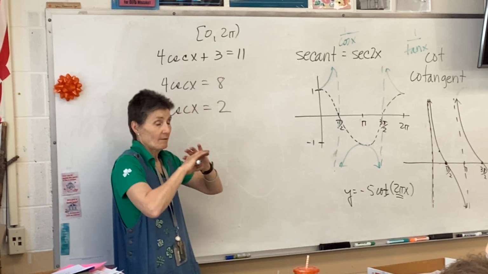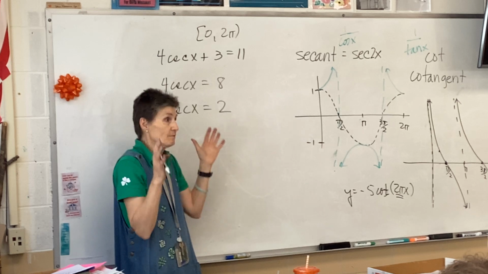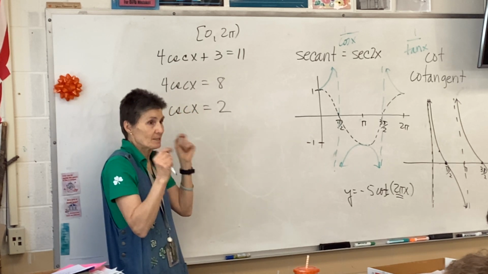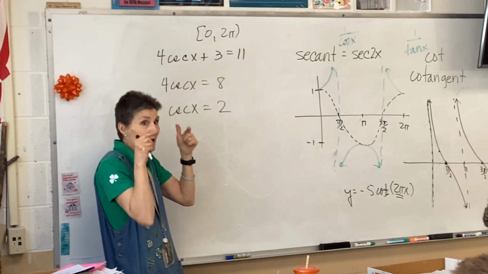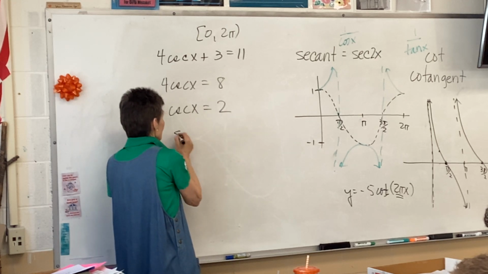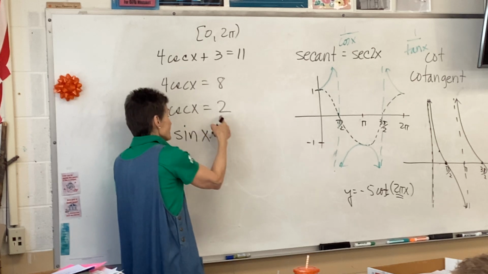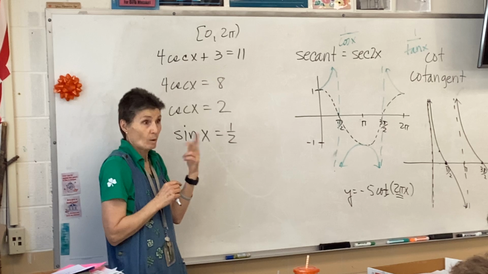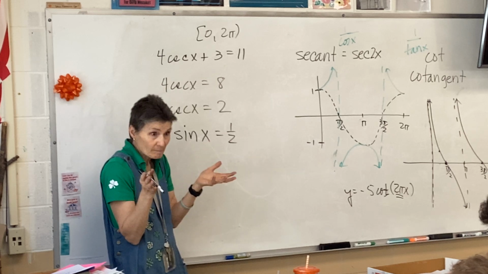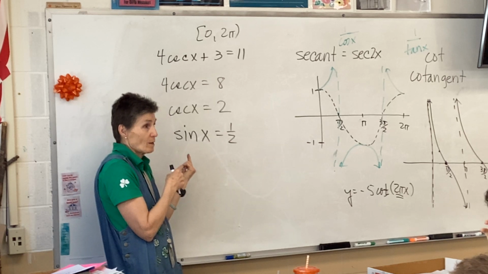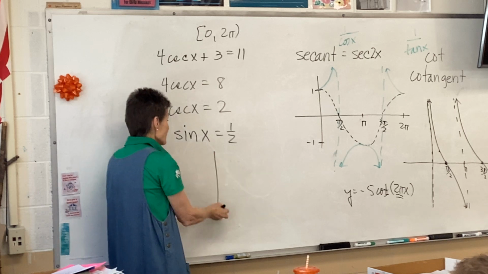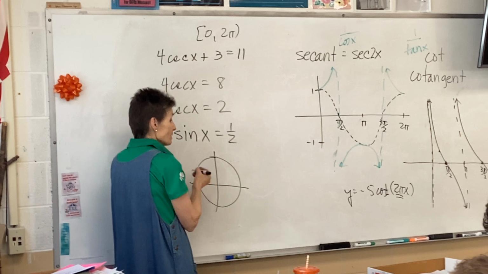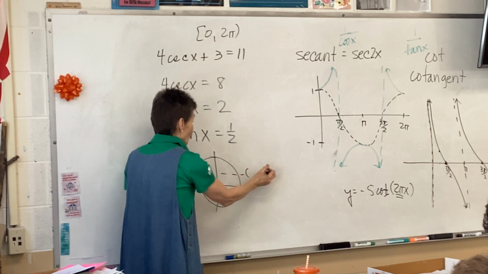I've done this for years and years, and I love doing it, but my brain does not function in cosecants. So I'm immediately going to think of this as, if the cosecant is 2, then the sine must be 1/2. True statement? And now it's just like your quiz question. Where does the sine, all the way around the unit circle, equal 1/2?